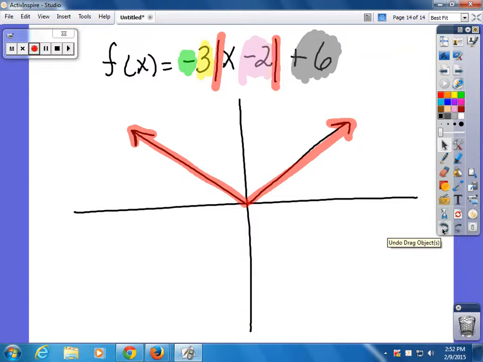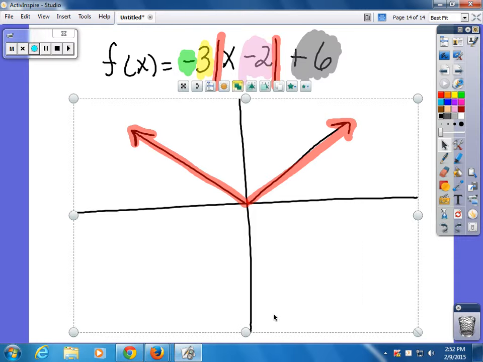Okay, so this negative tells us that we've got this same graph, only it's going which way? So we're going to draw. Hold on a second.